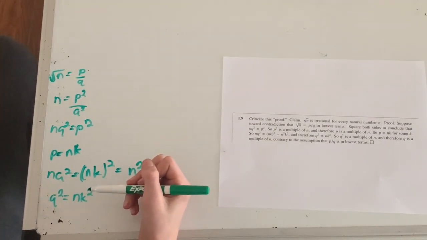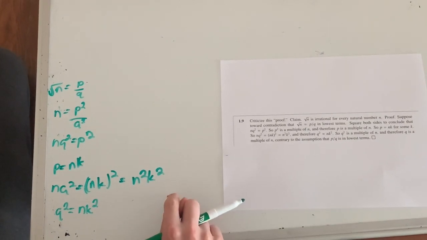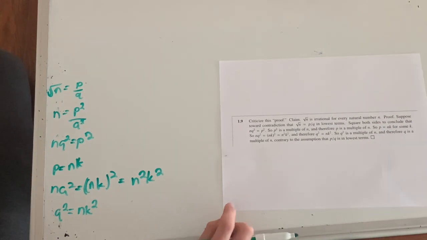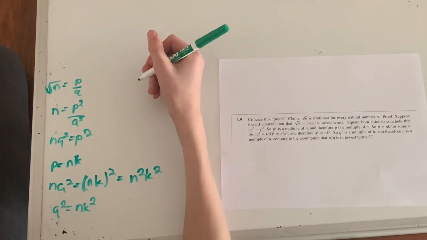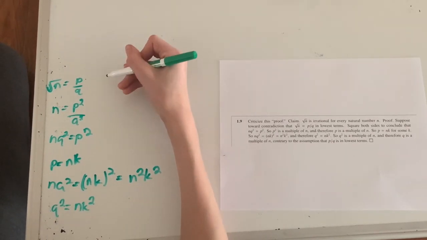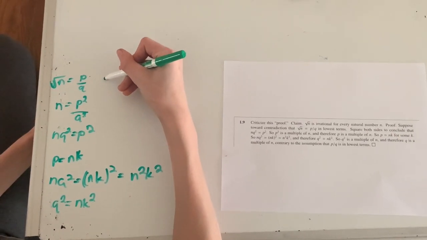All right, so it seemed like everything was true. But now Q is a multiple. Let's see what we know is definitely true. This is what we're assuming, and square root of n is rational, P over Q, so that's true.